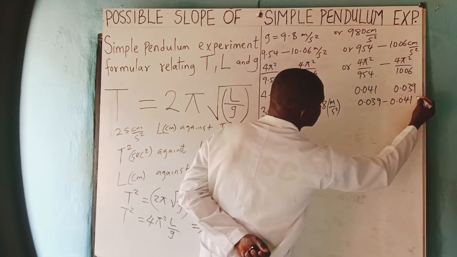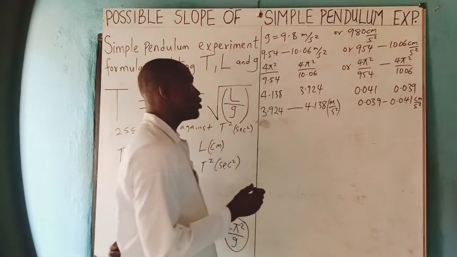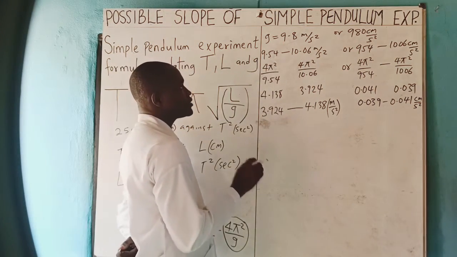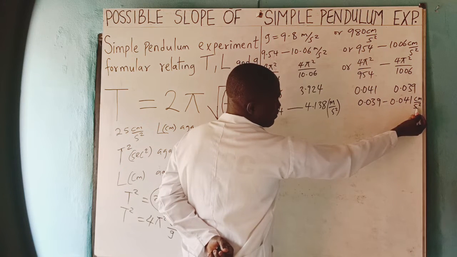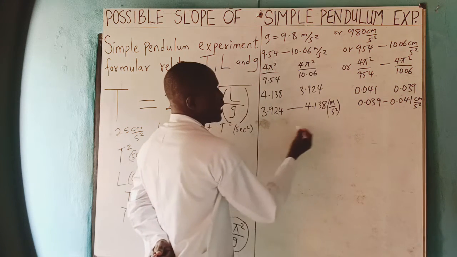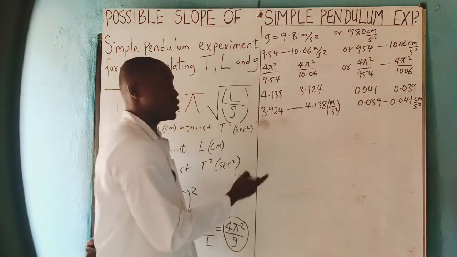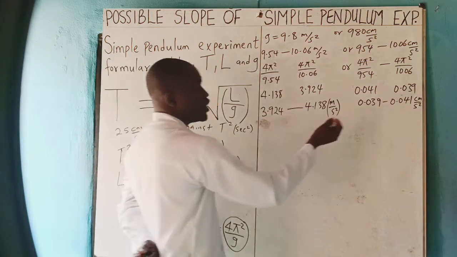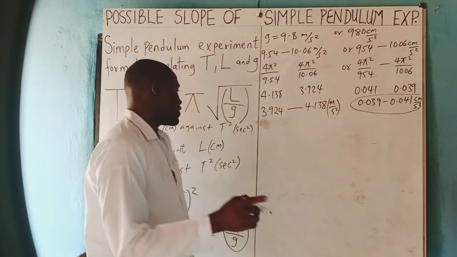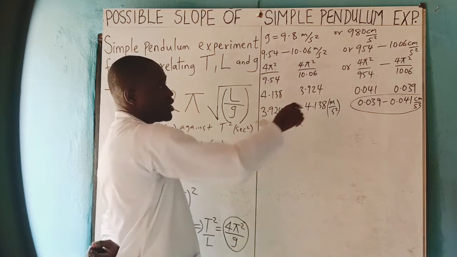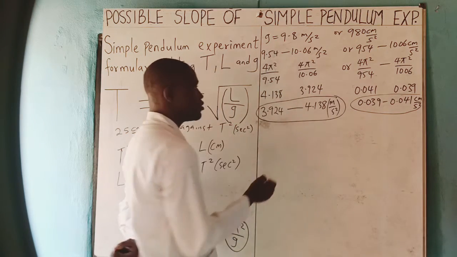And so if I am plotting with centimeter and time in second square, I should know that the range should fall in this. If your answer is not in this range, you are wrong.